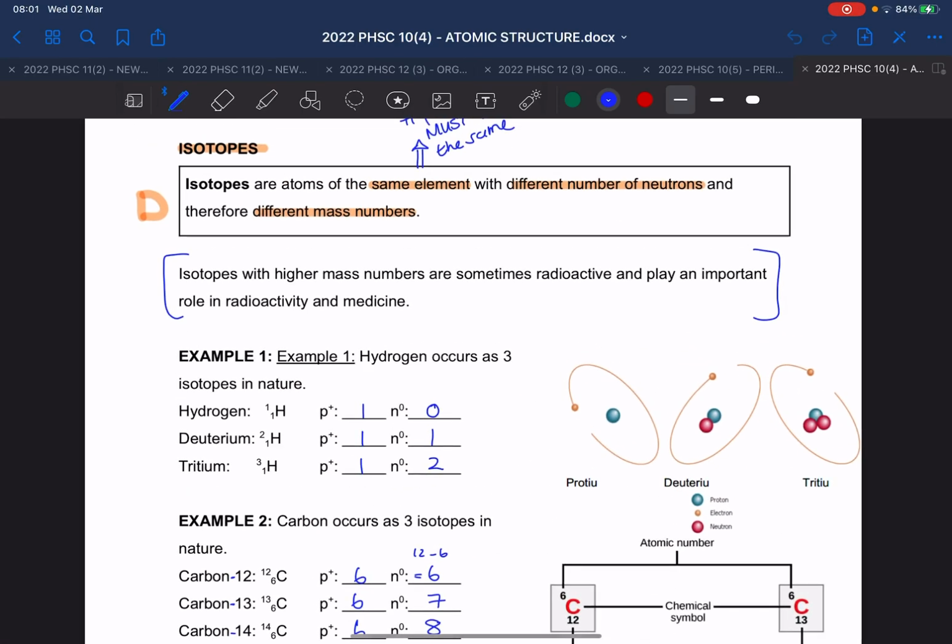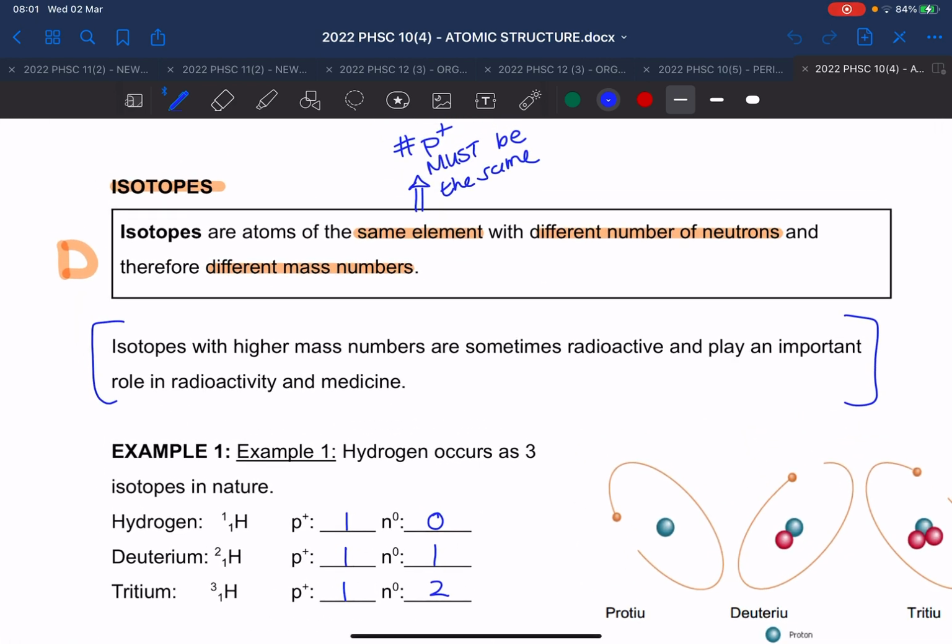Isotopes here. These were your exact notes. The same element, different number of neutrons. So here we had hydrogen 1, hydrogen 2, hydrogen 3. It should ring a bell. This is something that we expect you to remember from grade 10. Luckily they don't ask it in grade 12 that often.